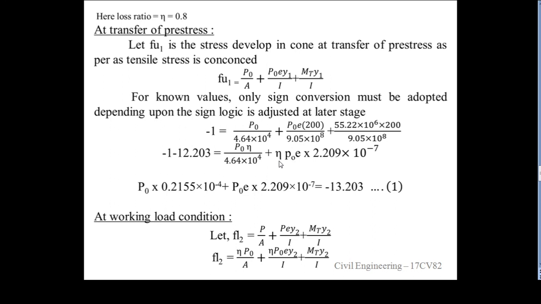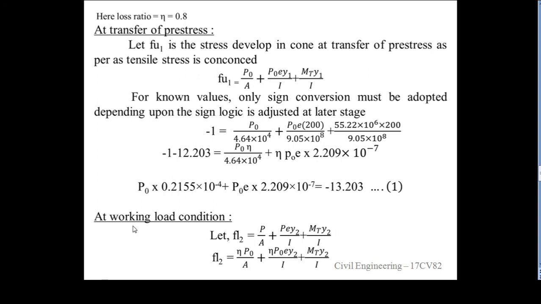P naught is replaced by nu into P. Here P is equal to P naught into 2.2155 into 10 raised to 4 minus 4 plus P naught E into 2.20709 into 10 raised to minus 7 is equal to minus 13.203. Adding up this value gives minus 13.203. This is taken as equation number 1.